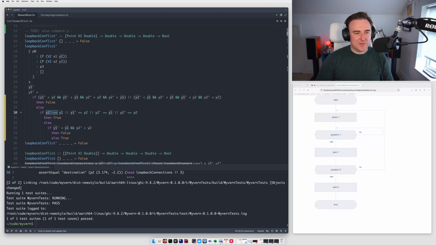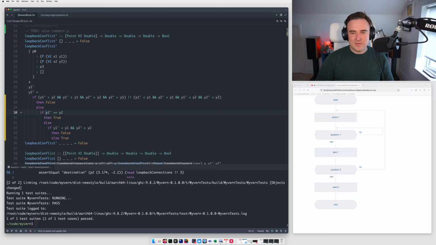So I'm going to delete these conditions, and we are left only with y2 prime equals to y1, which is going to be this. This is not only not a collision, it's an illegal state.